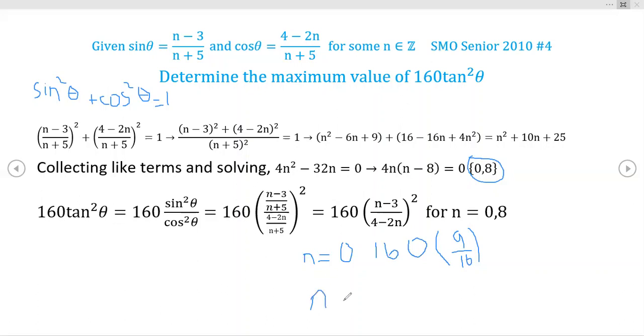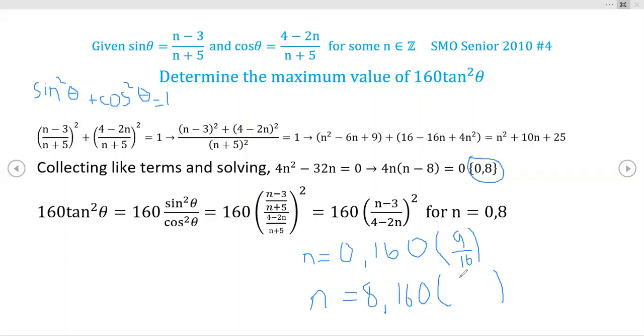Now let's try it out for n equals 8. That leads to 160 times, same sort of setup, folks. When you put 8 right here, 8 minus 3 is 5. 5 squared is 25.